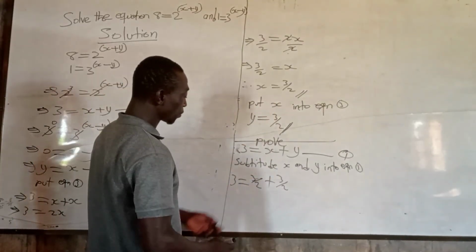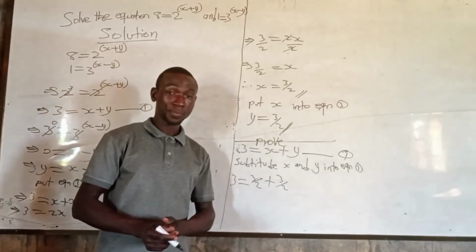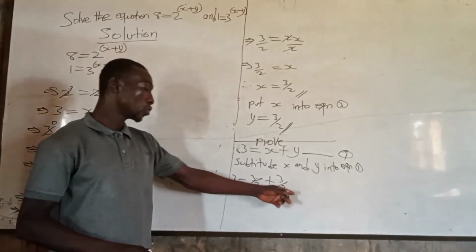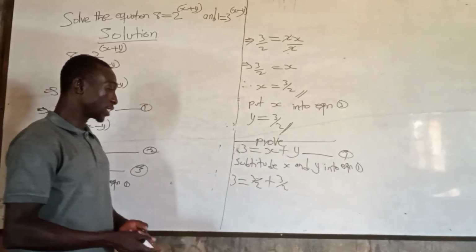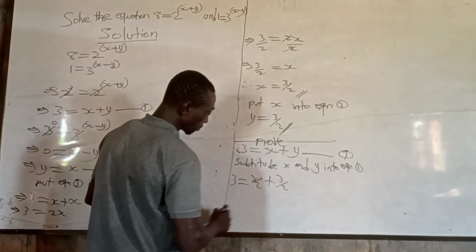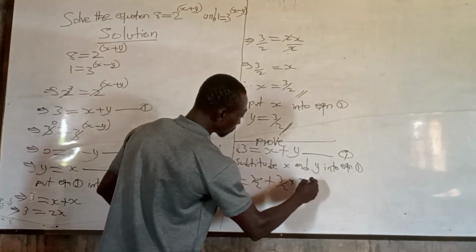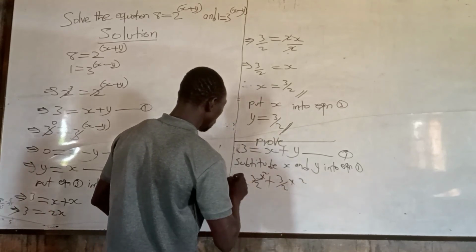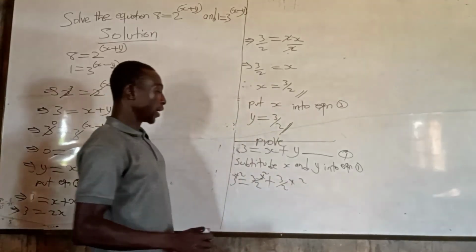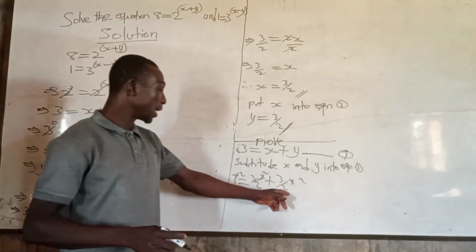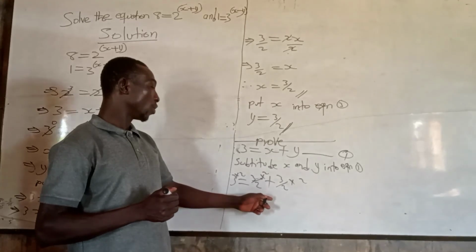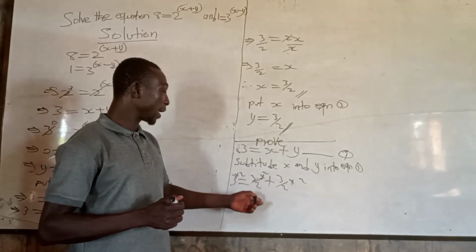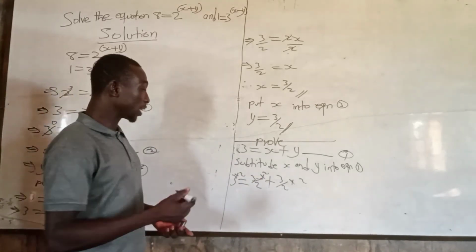So when we come, what is the LCM? The LCM is 2. So we multiply by 2 on both sides, multiplying the LCM by each term in the equation.